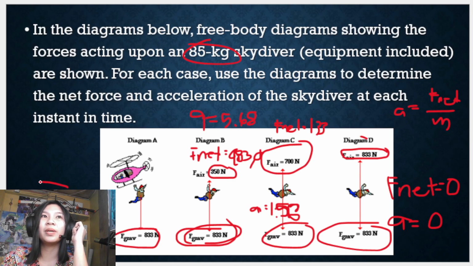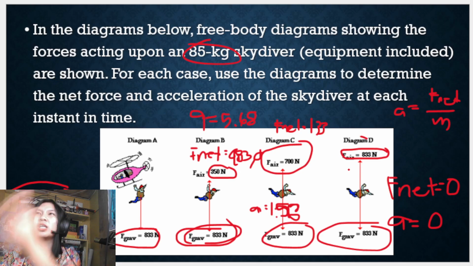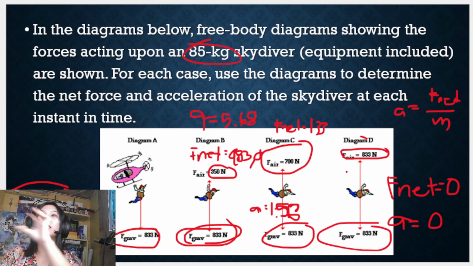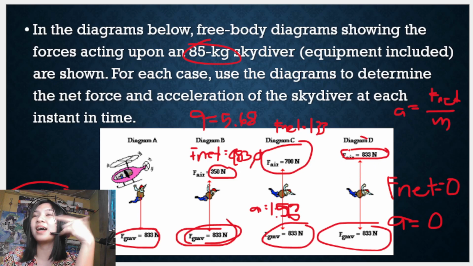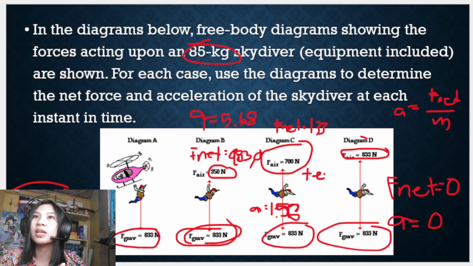So from 9.8, nahimo siyang 0. Now, just before nagbalance ang air resistance o ang gravitational force, naka-reach na imuhang object sa terminal velocity.